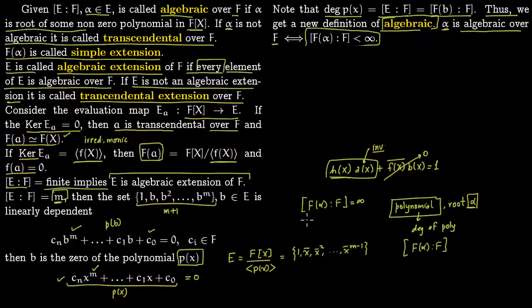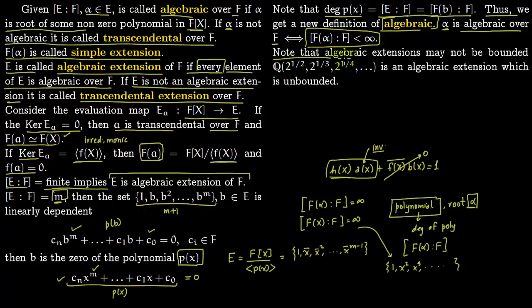We wrote before that F(x) over F is also infinite, and this is the same as this. You can see this because the basis for this is now 1, x, x squared, x cubed, all the way. There's no finite end to it. So this is for transcendental elements. If this alpha is transcendental here, then this will be infinite.